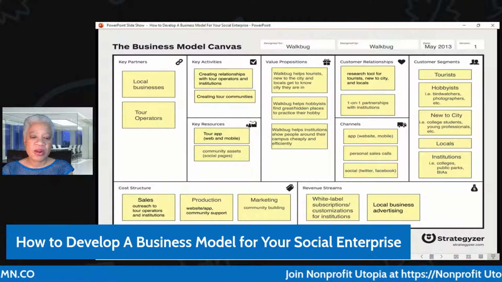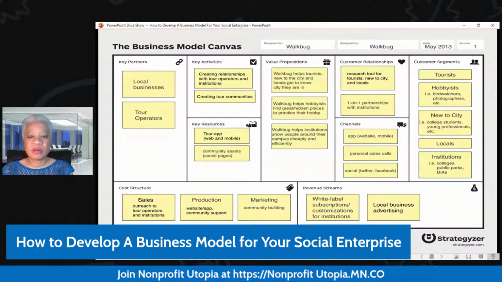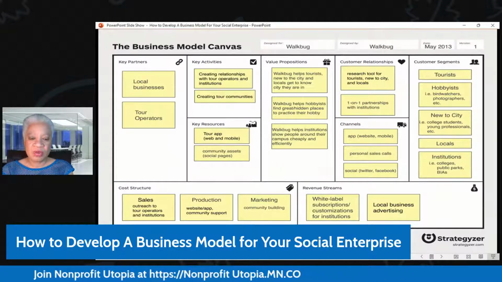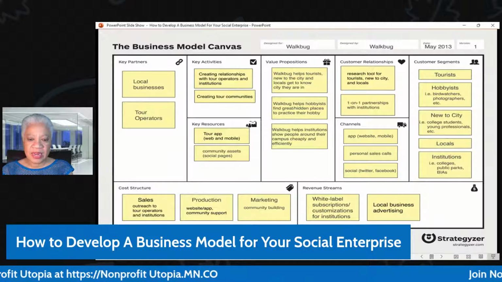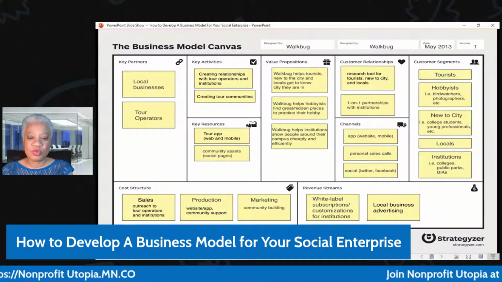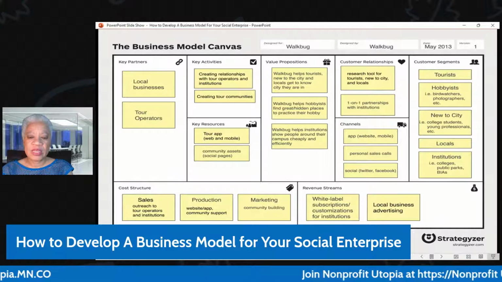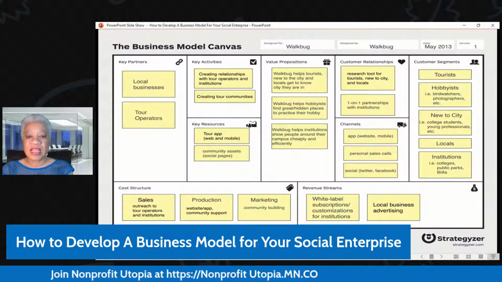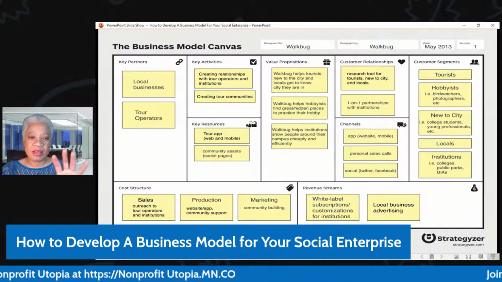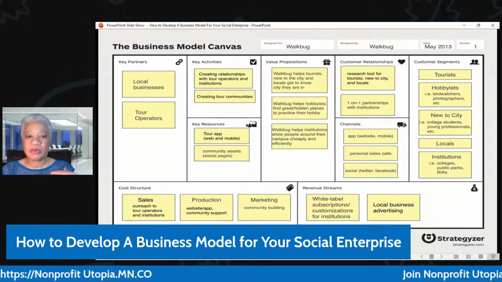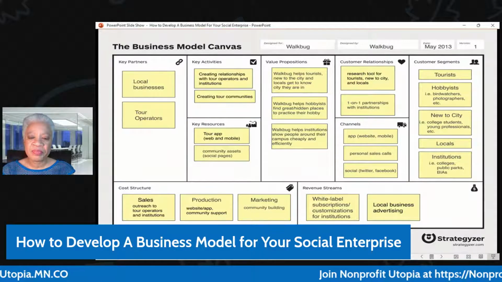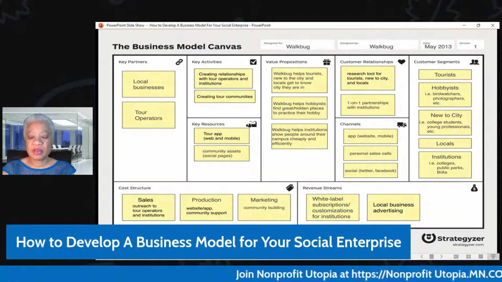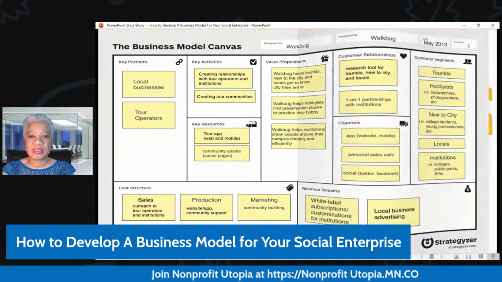When they looked at marketing costs, they looked at how much it was going to cost to build their online community. All right. And then under revenue streams, they will get their money from white label subscriptions, meaning that they will actually develop the same product and sell it to another company who can use their own name. And then they were also going to get money from local business advertising.